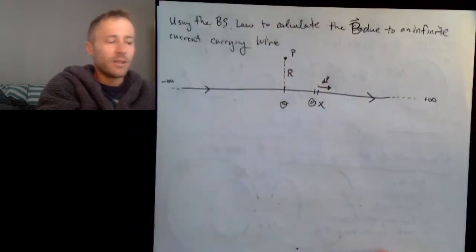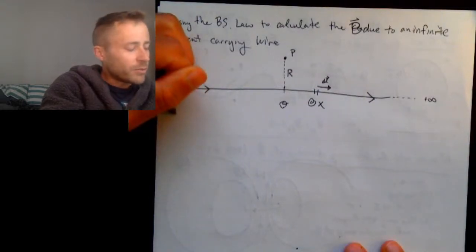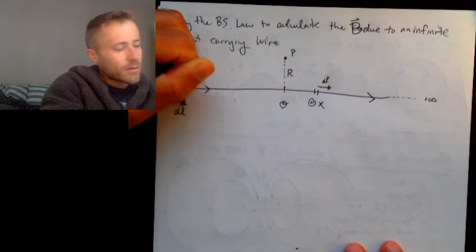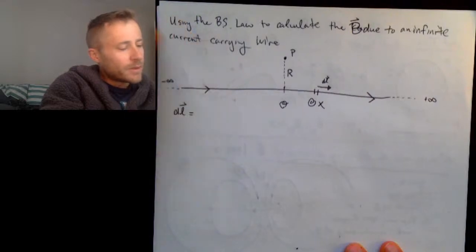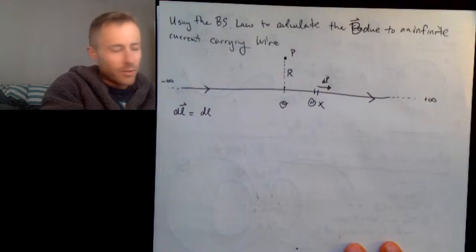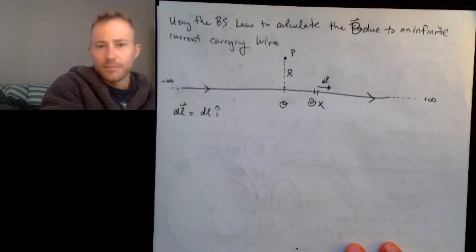So clearly the dl vector points in the i hat direction. So this part's pretty easy. dl is equal to the magnitude of dl, which remember is just dl without the arrow over the top, times i hat. Sweet.